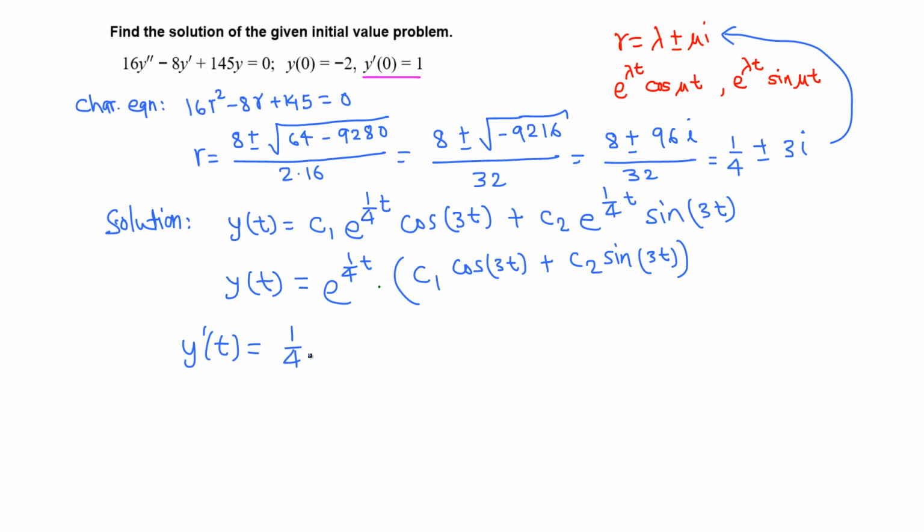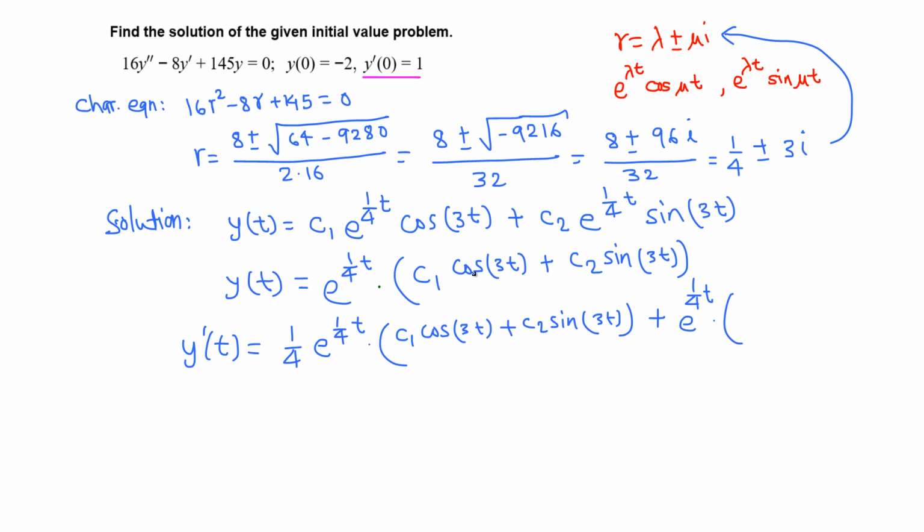So 1/4 e raised to 1/4 t times everything, C1 cosine 3t plus C2 sine 3t, plus, okay, now we keep the first function alone and take the derivative of the second, e raised to 1/4 t times derivative of the second factor.